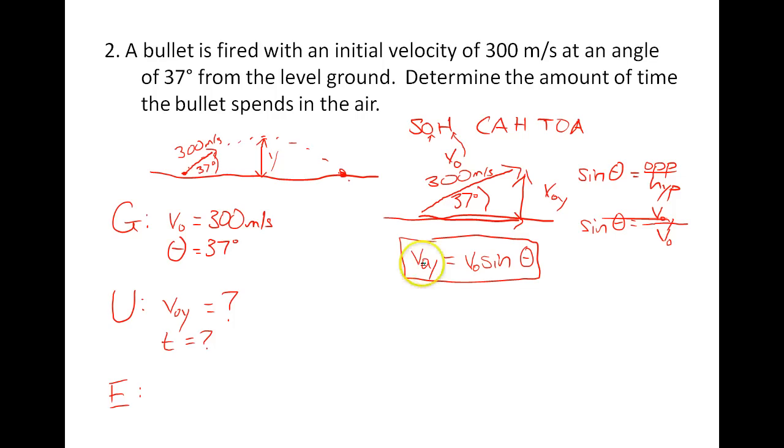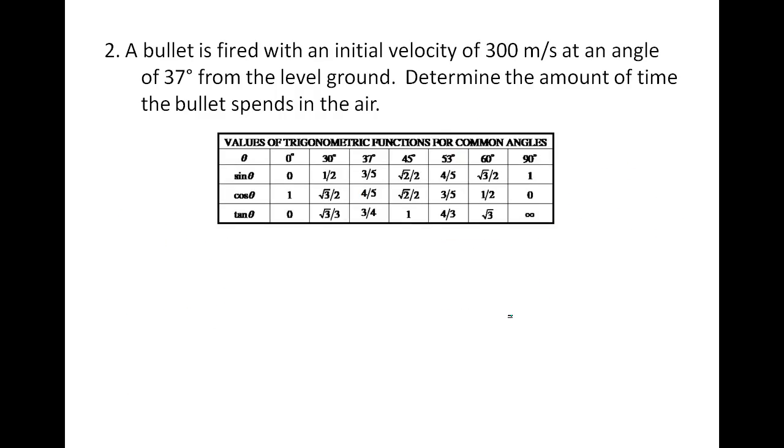Now let's plug in some numbers to solve for the initial vertical velocity. So we'll take the initial velocity, which was given to us as 300 meters per second, multiply that by the sine of 37 degrees. Okay? And what is the sine of 37 degrees? Well, you've got this little table here, and we can find 37 degrees, and the sine of 37 degrees is actually 3/5.